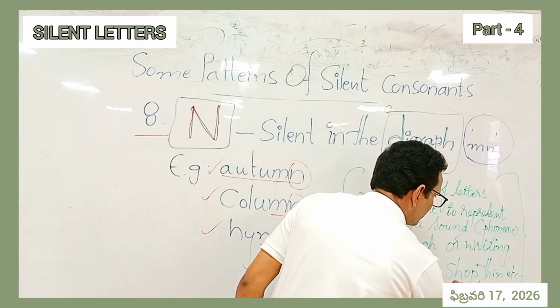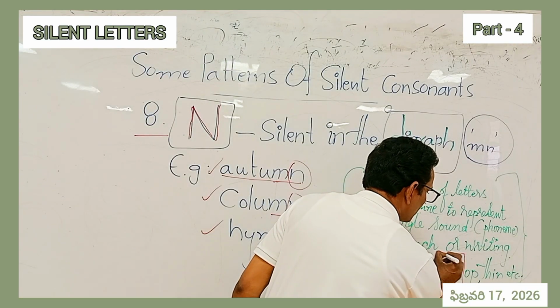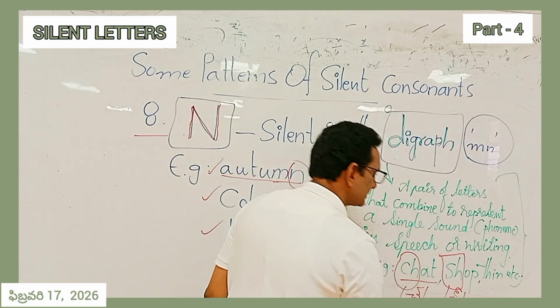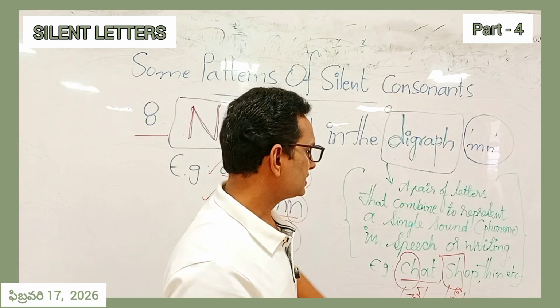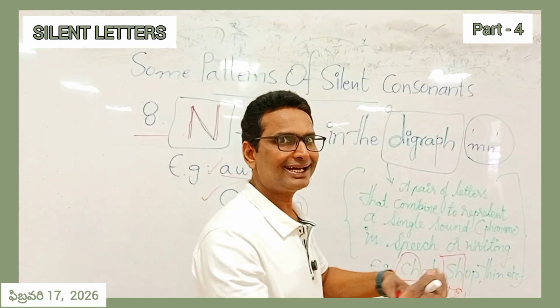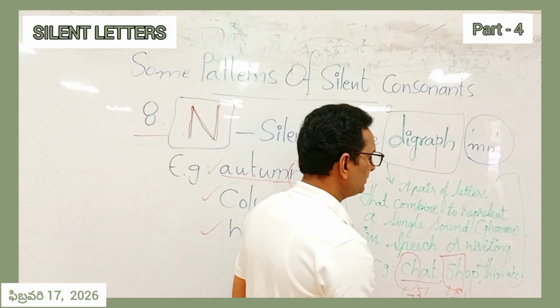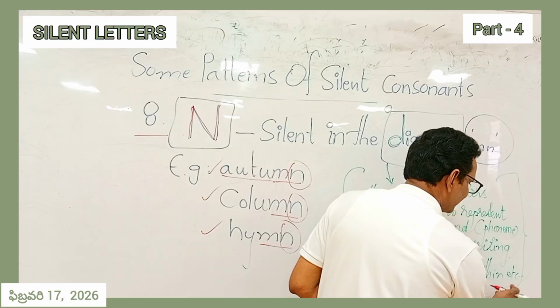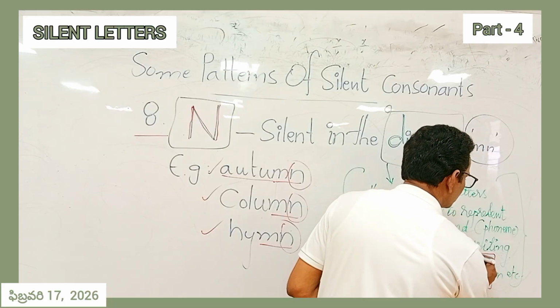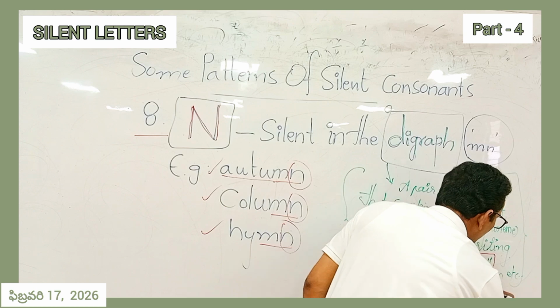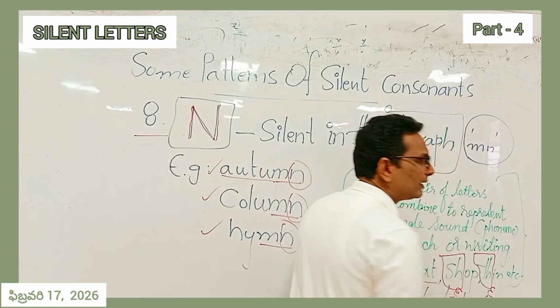Similarly, shop, the sha sound, maybe we can represent this way from a phonetic transcription point of view. S and H, if you combine both, it will become sh. Similarly, thin: T plus H make the th sound.